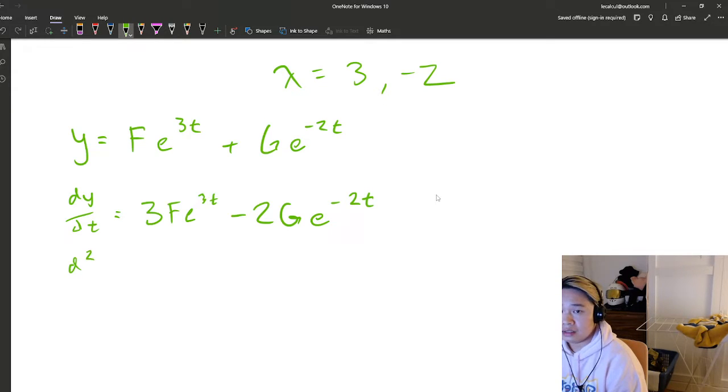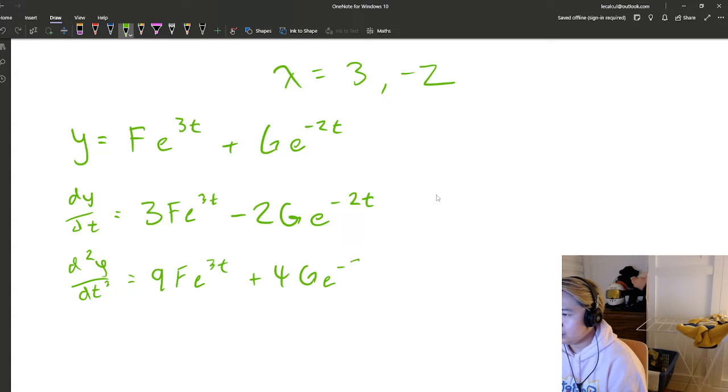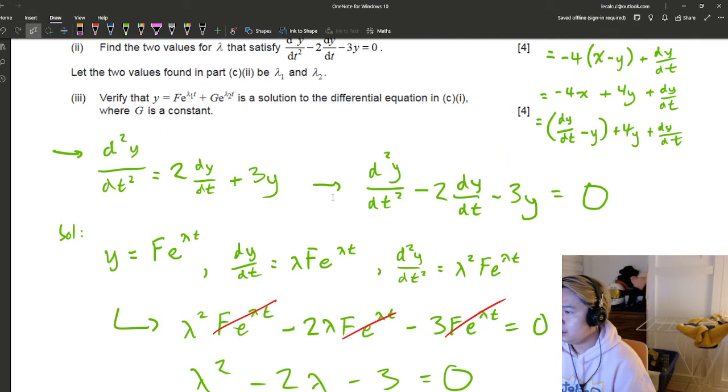And then the double derivative is 9f e to the 3t plus 4g e to the negative 2t. And then we're going to substitute these values into this differential equation right here.